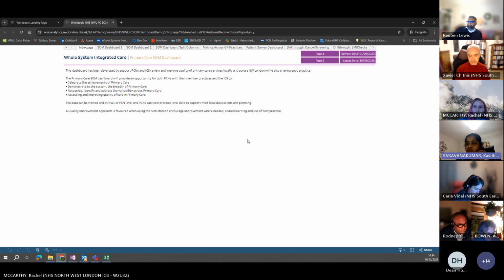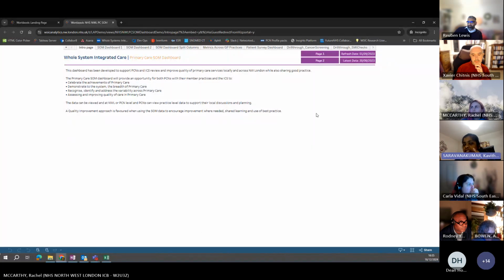The purpose of this dashboard is basically to celebrate the achievements of primary care, demonstrate the breadth of work that gets carried out by primary care, identify where they are performing well and where they are not performing well compared to their peers, and to help them move to a target, using a quality improvement methodology to improve the care they provide to the patients they serve. So that's really the intention of this dashboard.